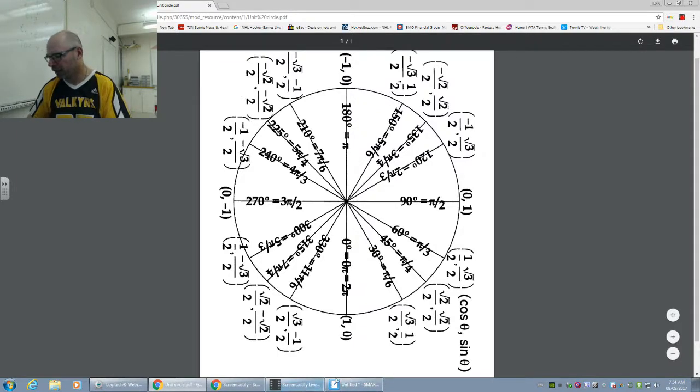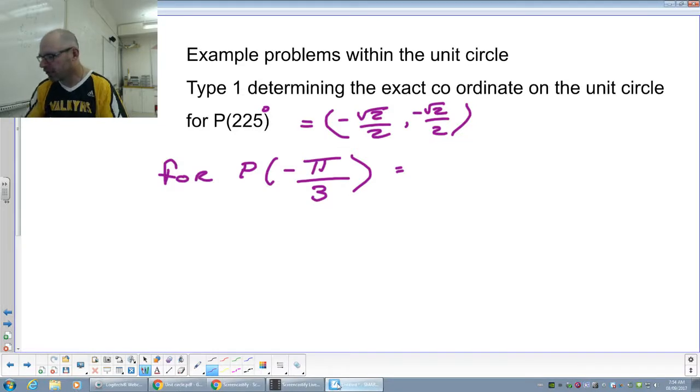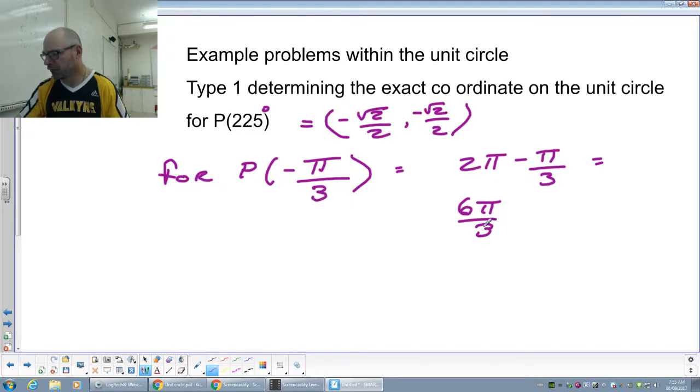I'm looking at it as the same as 2 pi subtract pi over 3. Well, 2 pi is 6 pi over 3, so 6 over 3 minus pi over 3 is 5 pi over 3.